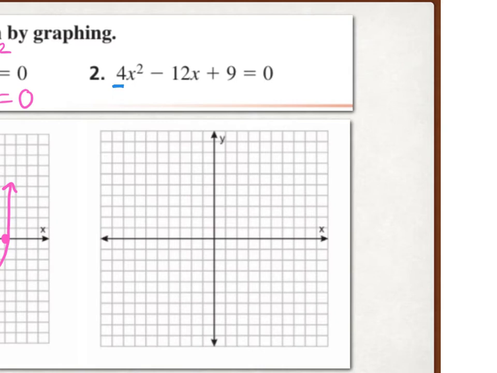Divide everything by 4. We could do that, but another trick we learned is to multiply the first and the last terms together. So this is 4 times 9, which is 36, and then we just need 2 multiples of 36 that add and give us negative 12. So what would they be?